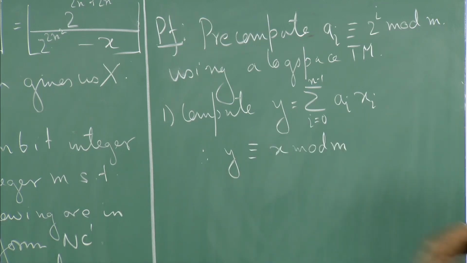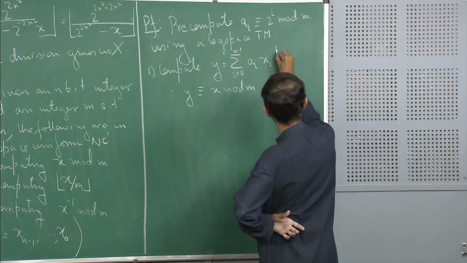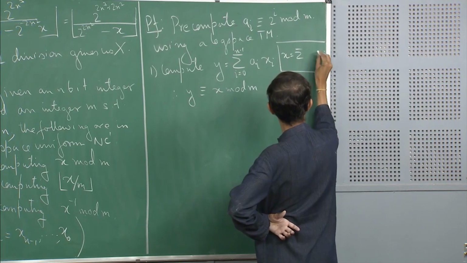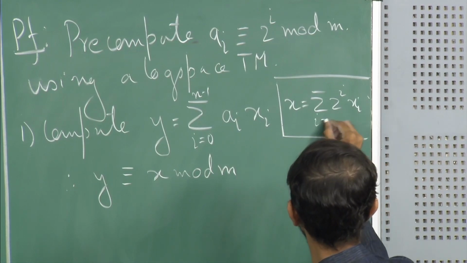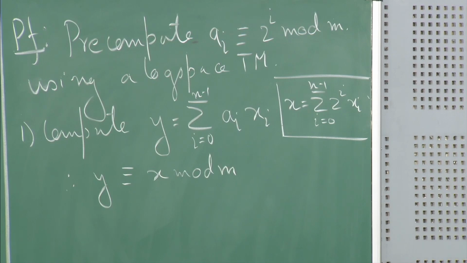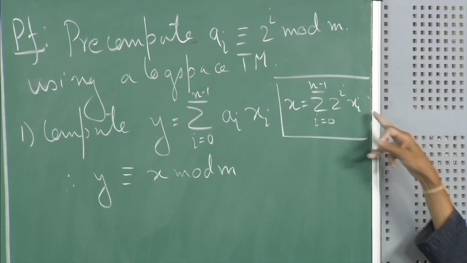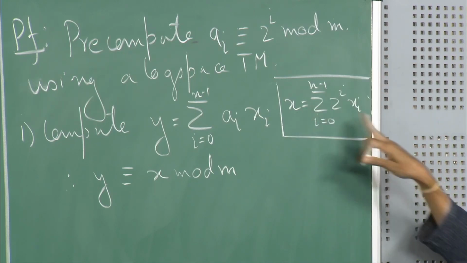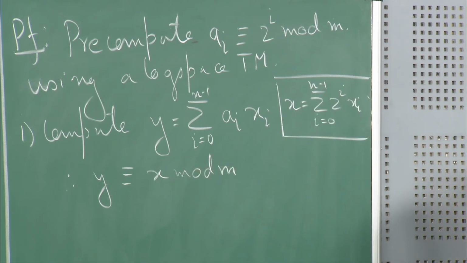Okay. So, why is y congruent to x mod m? Because what is x? Another way of looking at x is nothing but sigma 2 to the power i x_i. So, this is basically the number x. Here, I am taking mod m on both sides. On the right hand side I get x mod m, and on the left hand side I get this quantity y.